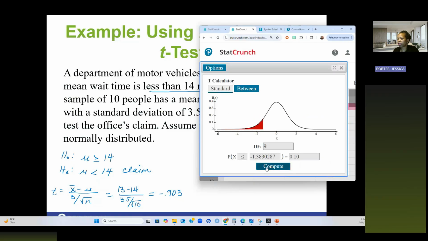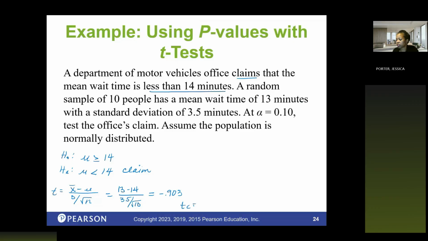It's negative 1.38 as our T critical value. So we draw our graph. The rejection region starts here at negative 1.38.